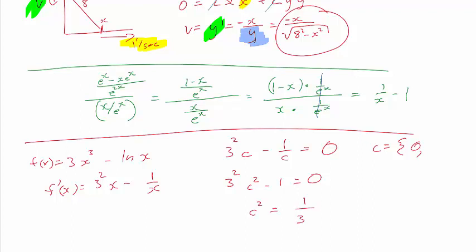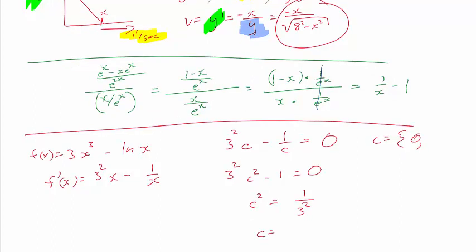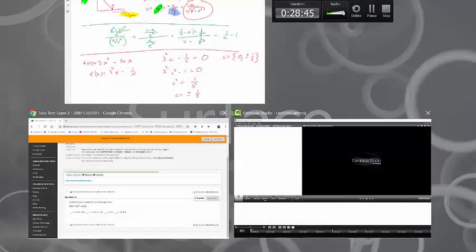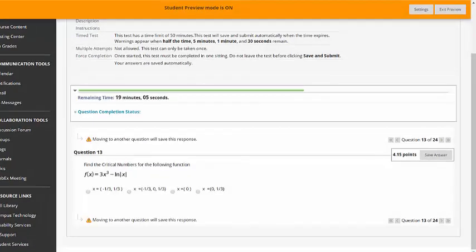Take the square root of both sides, and then c equals positive or negative 1/3. There we go. And that's it. That is the answer. So let's come over here. There's our correct answer choice right there. All right, let's move on. Time is ticking.